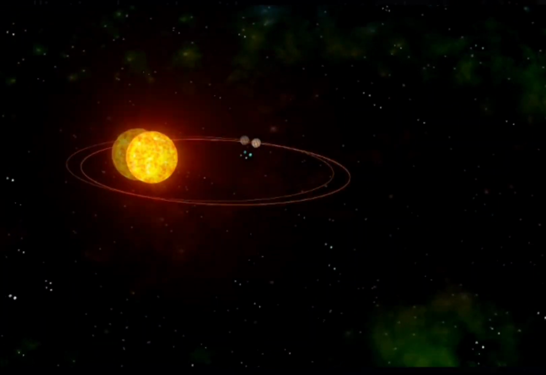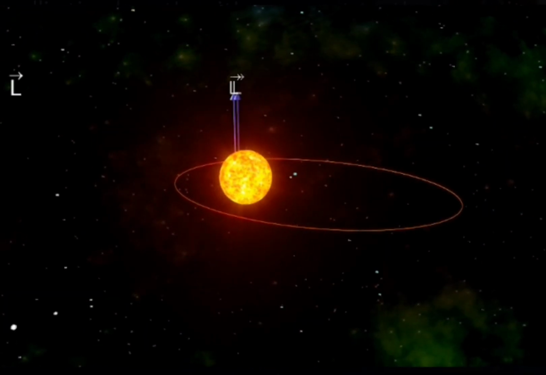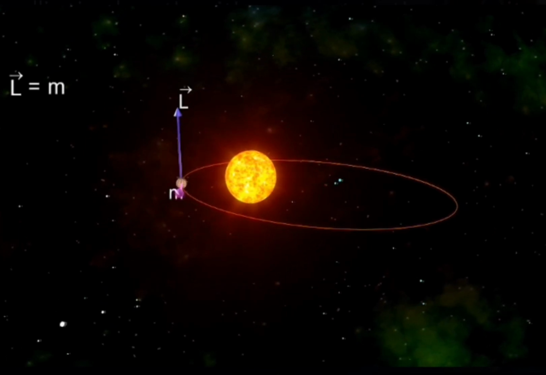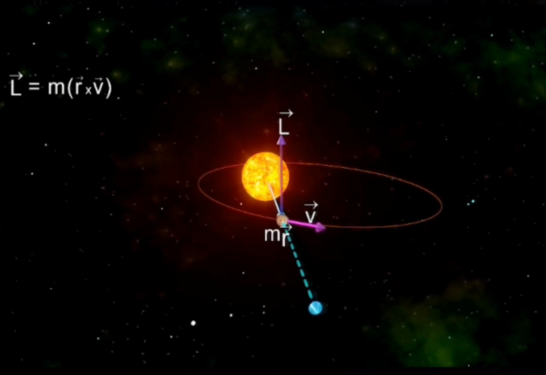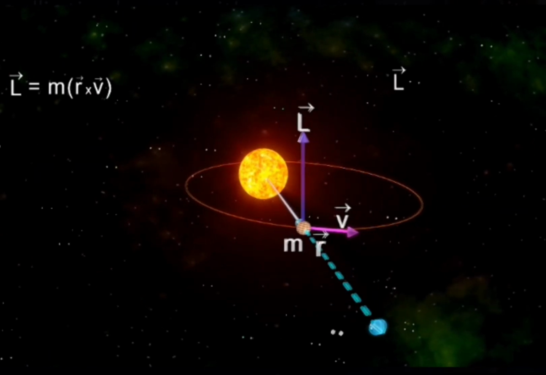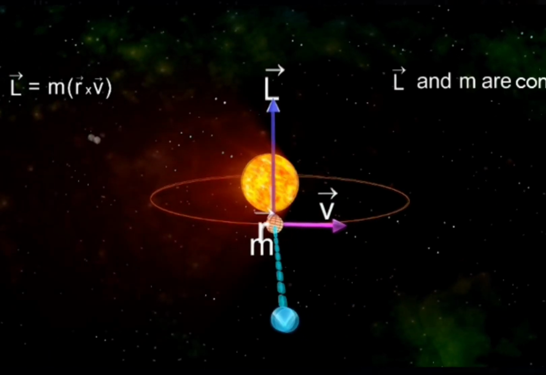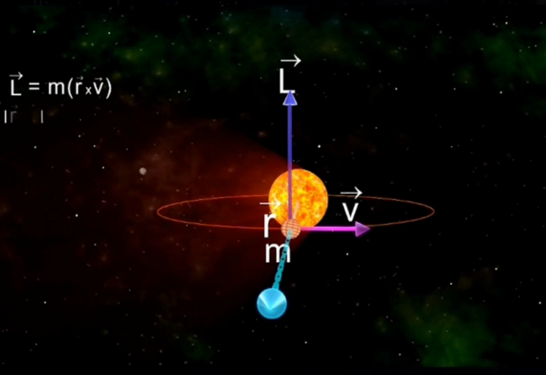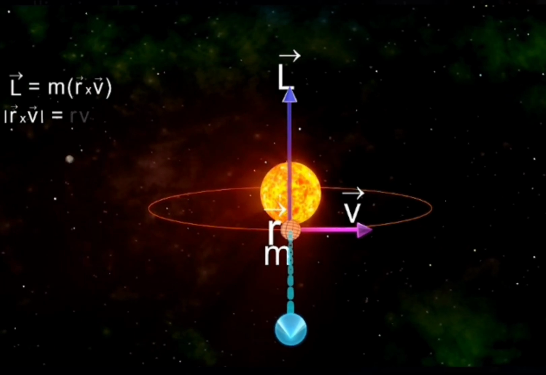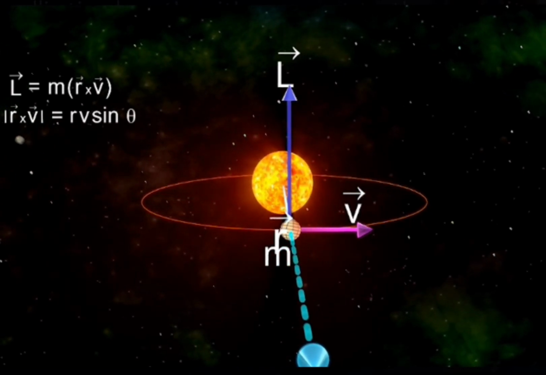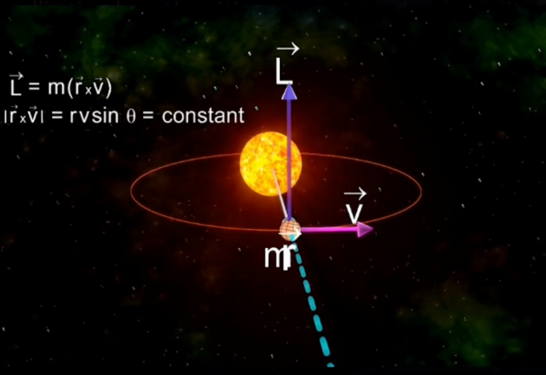Let us go back to the equation vector L equals m into vector r cross vector v. As vector L and m are constant, modulus of vector r cross vector v equals r v sine theta would also be constant.